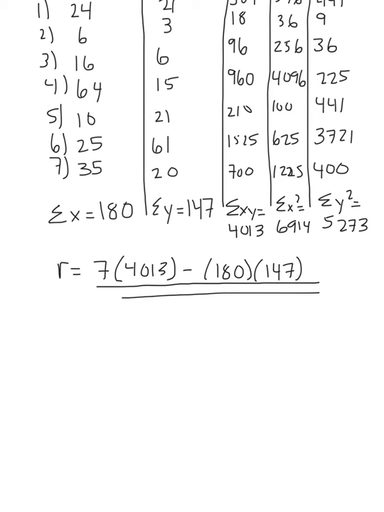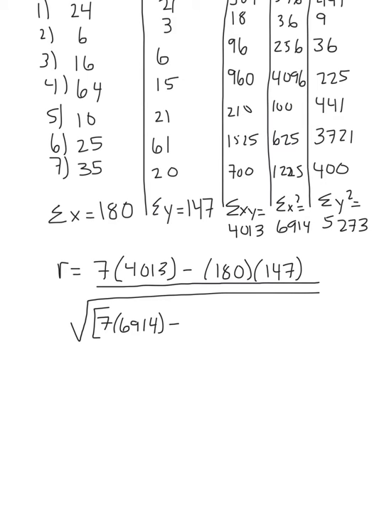divided by the square root of the sample size again, which is 7, times the sum of x squared, which is 6,914, minus the sum of x, squared.